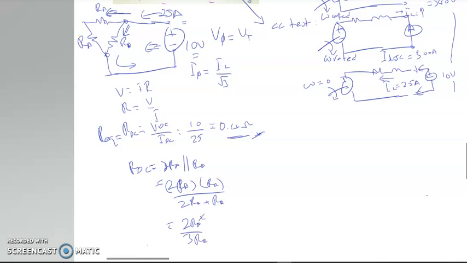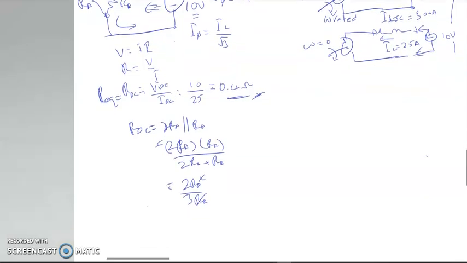So you cancel RA with RA, and the remaining becomes RDC is equal to 2 over 3 RA, or RA is equal to 3 over 2 RDC.